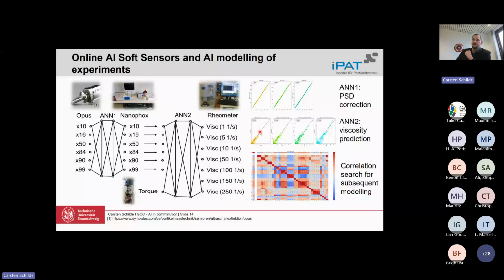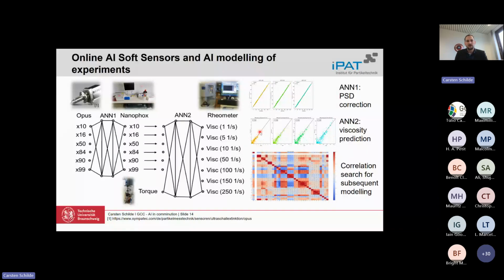We just trained another artificial neural network, which now has the torque of our sensor from the stirrer. And we know that depending on the particle size distribution and the solids content we put in our feed, this defines our viscosity, our shear thinning behavior, depending on different shear rates.